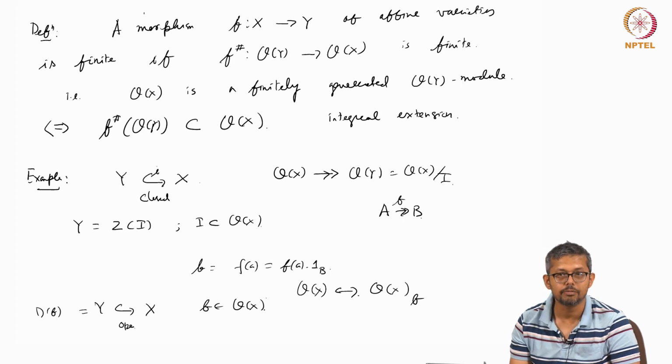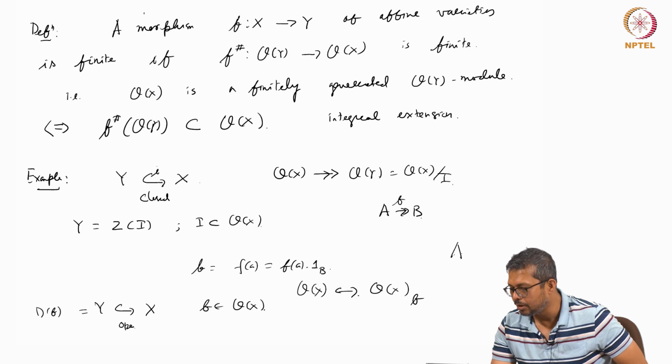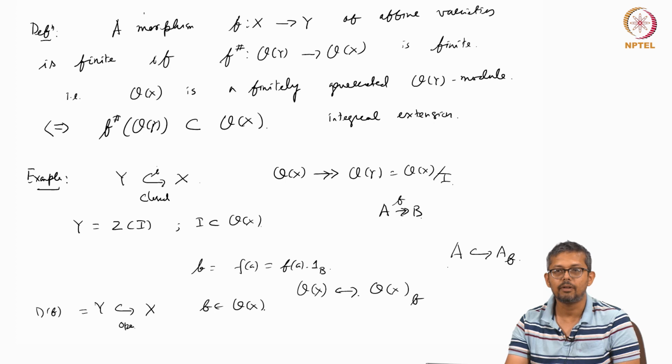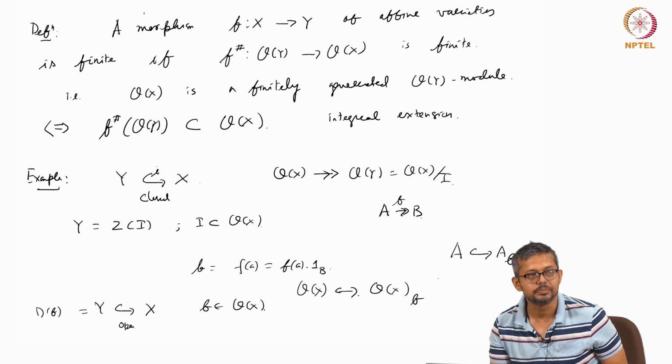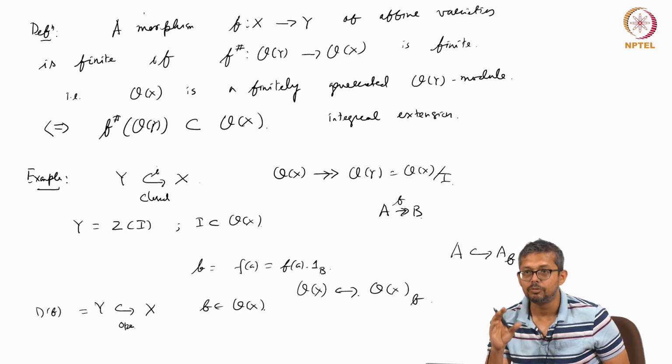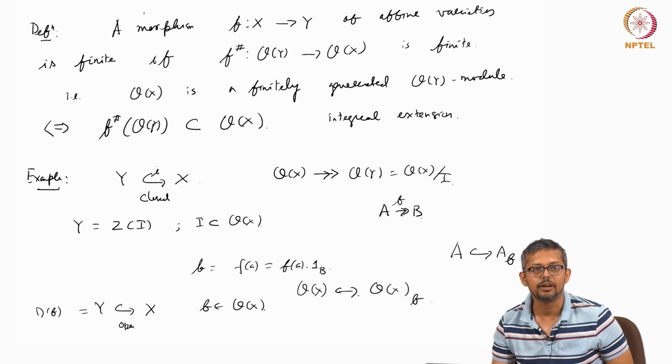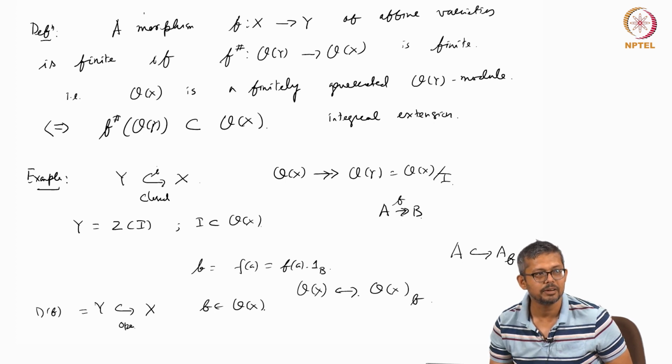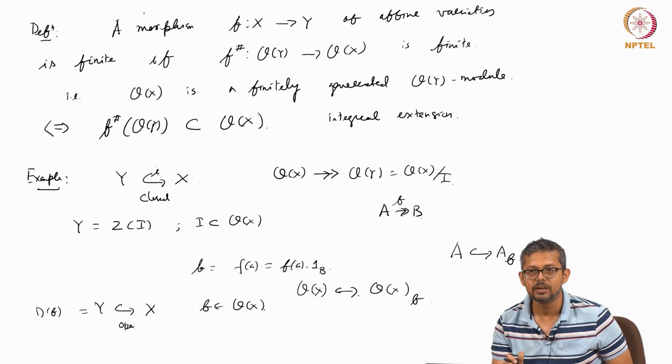Is it a finite module? If you just take a ring homomorphism A to A_f, this need not be finite. This is not a finitely generated A-module. You have those generators, but they are not finite. So an open immersion, an open subset, is not finite, but a closed immersion is a finite map.